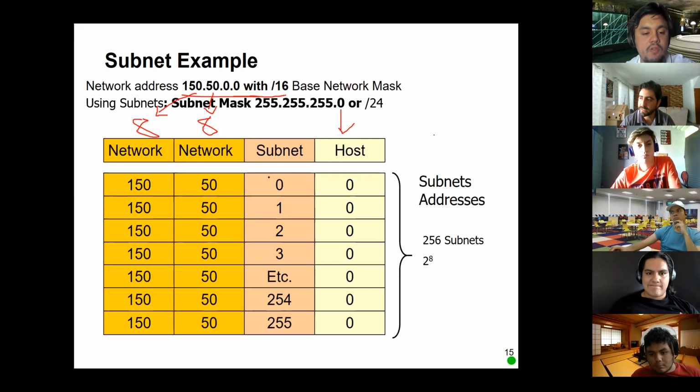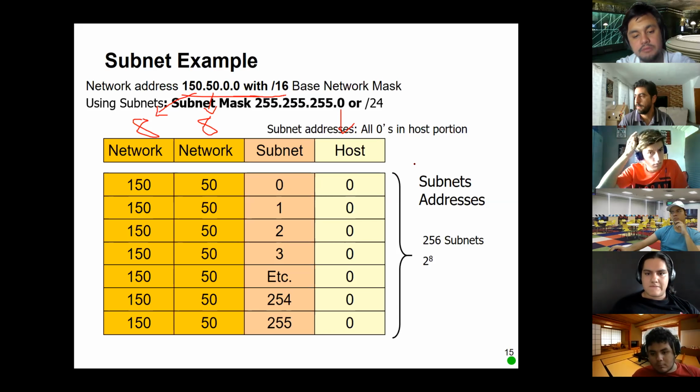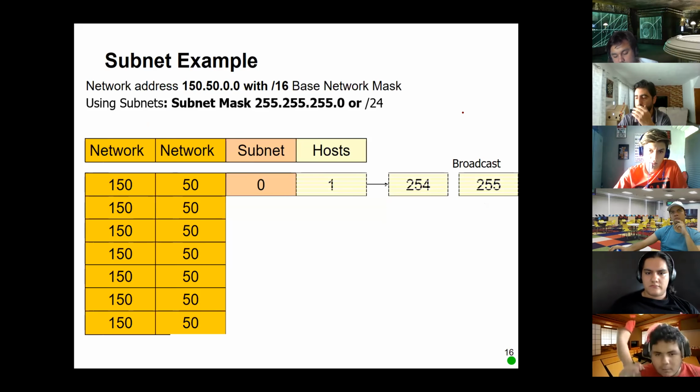So for each subnet, we can have 2 to the power of 8 hosts, or 2 to the power of 8 computers can be connected to each subnet. Is it clear? Yes. Okay, let's proceed.